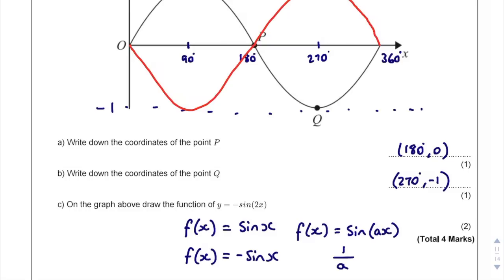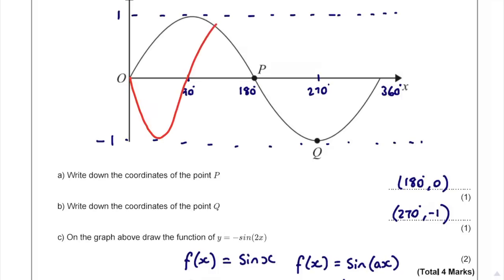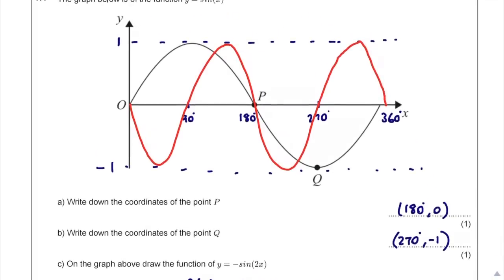So it's going to go through the points 0, 90, 180, 270, and 360. So if I get rid of this curve here, our curve should look something like this. And that is our final answer for part C.